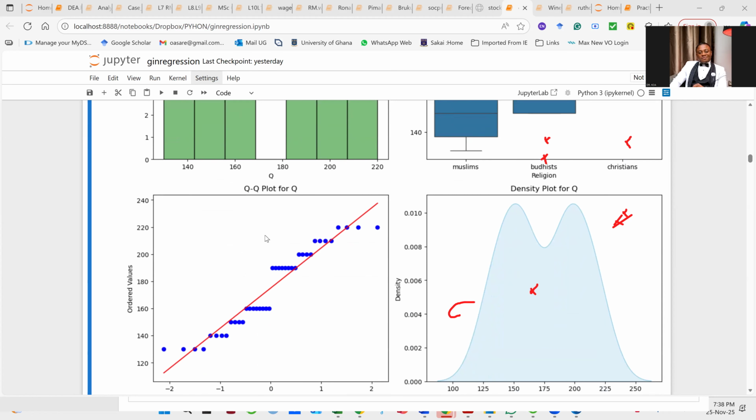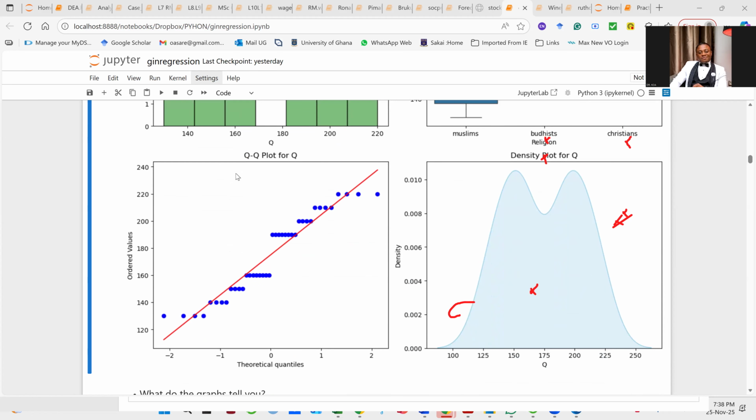Now, another way you can show whether the data is normal, apart from the histogram and the KDE, is the QQ plot.